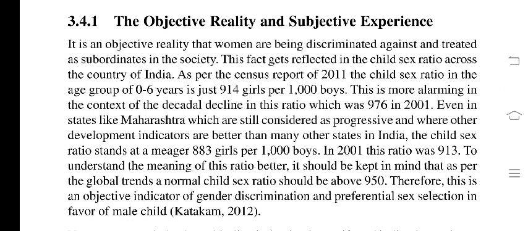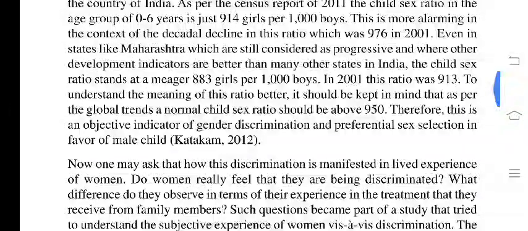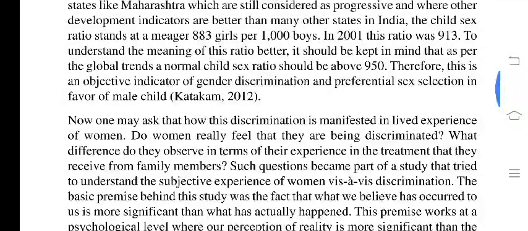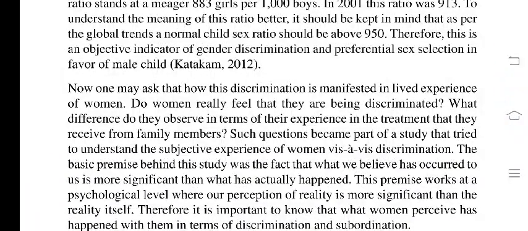To understand the meaning of this ratio better, it should be kept in mind that as per global trends, a normal child sex ratio should be above 950. Therefore, this is an objective indicator of gender discrimination and preferential sex selection in favor of the male child. Katakam, 2012.